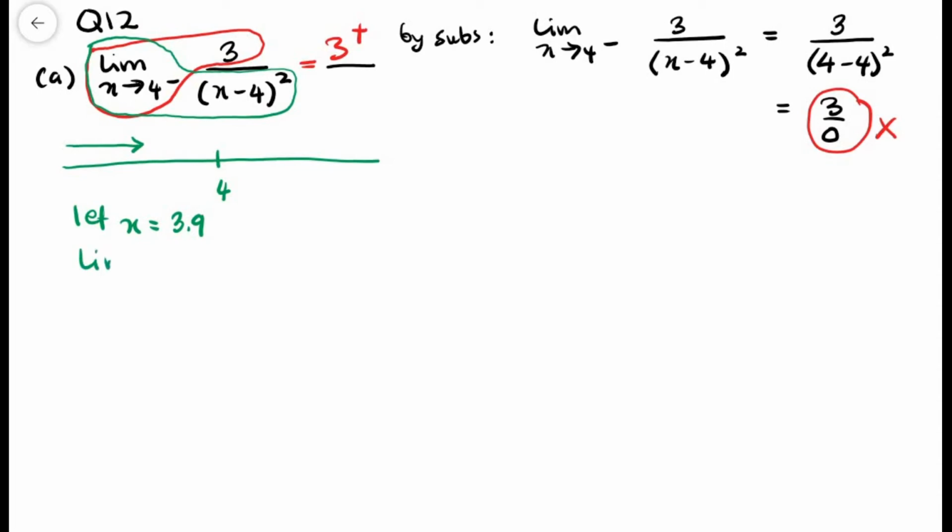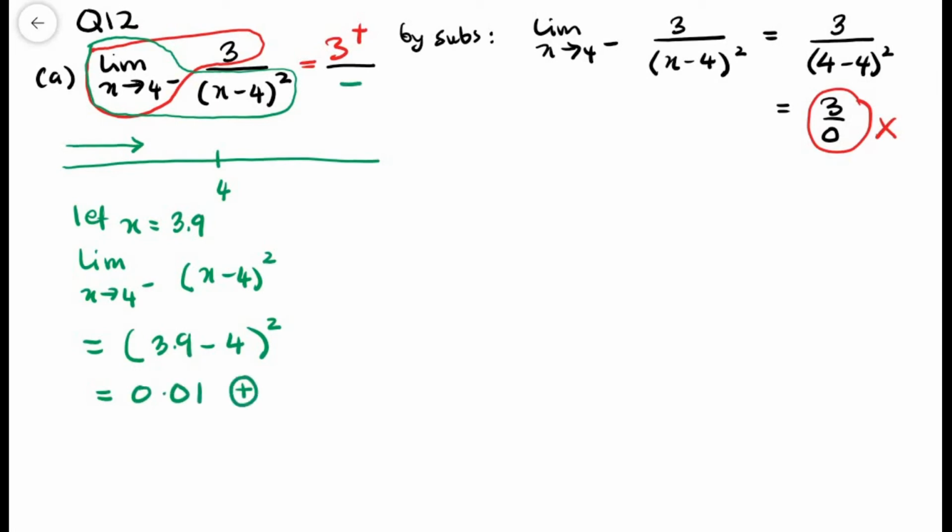I substitute it inside (x minus 4) squared, so 3.9 minus 4, squared. Then what I get is 0.01, which is a positive value, so I put positive here. So you just read positive divided by positive, so the answer is positive infinity.